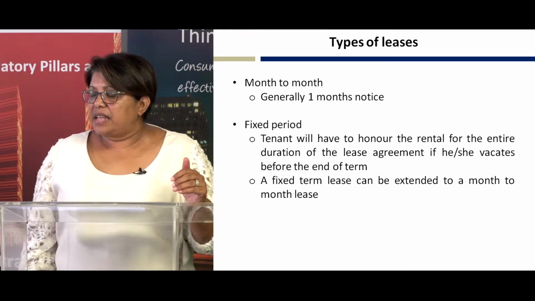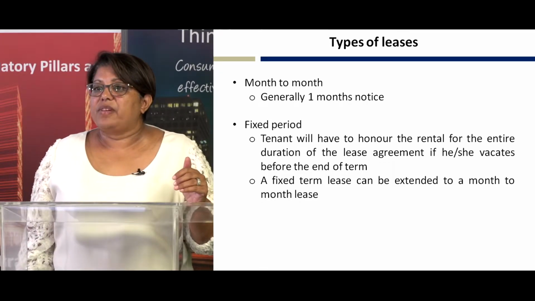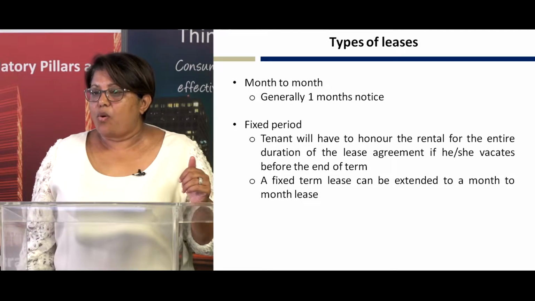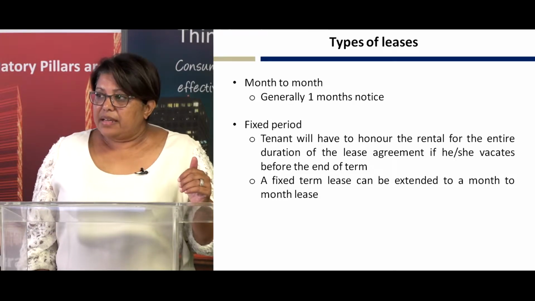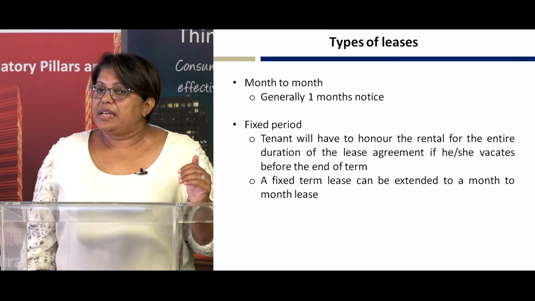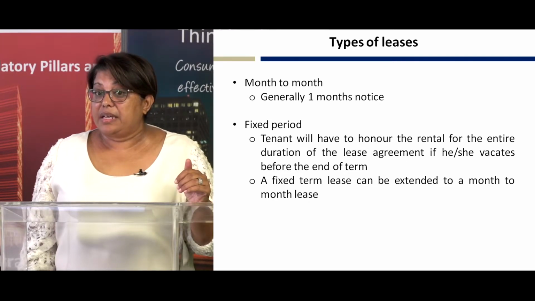And that would be the same for the landlord if the landlord wishes to exit before the fixed period has expired. If a fixed period lease has expired, it is able to be extended on a month-to-month basis. It then becomes a month-to-month type of lease post that expiration of the fixed period.